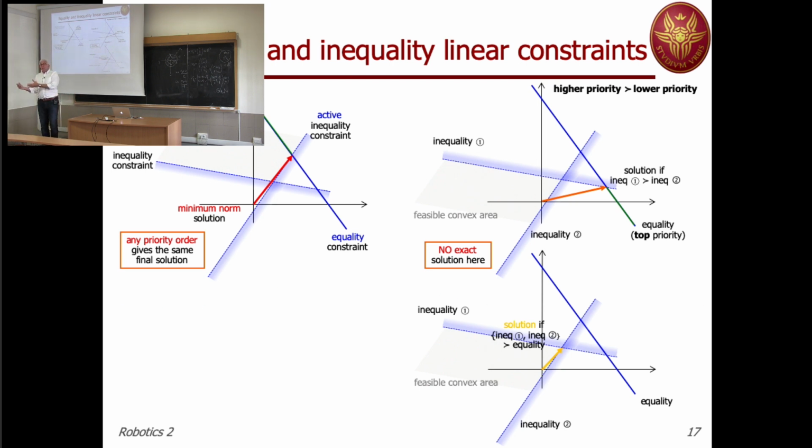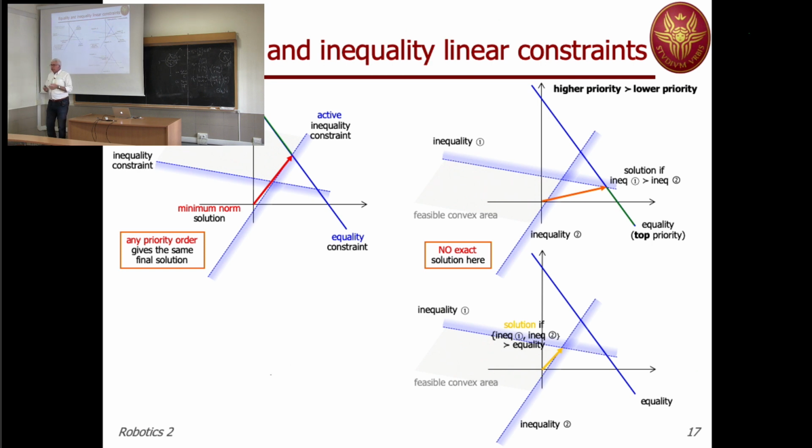Now, if you reverse things, so if you consider both inequalities more important than the equality, so the equality is something that you would like to do, but only if possible, you will stay inside this area. All Q dot will satisfy both inequalities, which are the first priority task as a whole, and this is higher priority than the equality, so the equality will be violated because I will not exceed my feasible area, and in fact the solution that I find is the closest to the equality, so it minimizes the norm of the error J Q dot equal R dot, the equality constraint in this case.